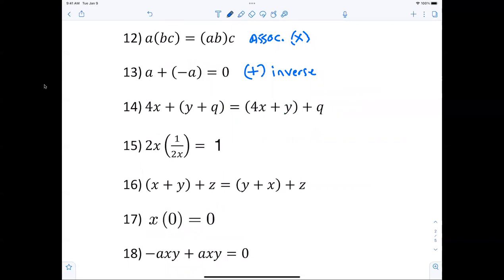Yes, I'm proud of you, girl. Associative property of addition. 15, what am I doing? Multiplicative inverse. You are awesome.